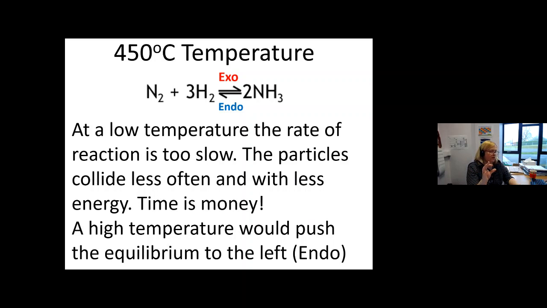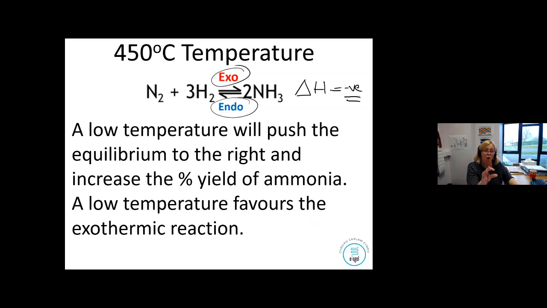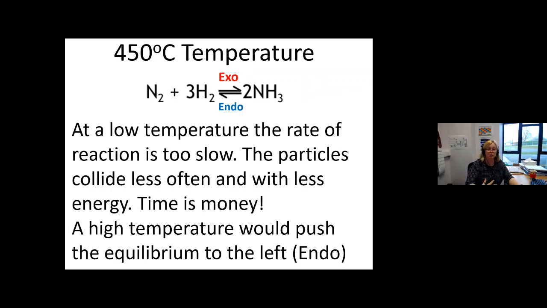So despite the fact that a low temperature favours the forward direction, it undoes that good by the fact that, yes, you're making more ammonia, but you're making it over a much, much larger time scale. So you're making more stuff, but it's taking a lot longer. That's because if you reduce the temperature, the particles collide a lot less, so fewer of them are achieving that crucial activation energy. And don't forget, in industry, time is money.